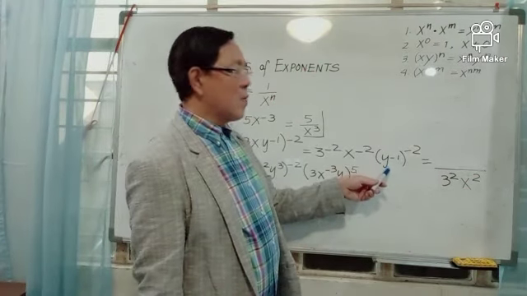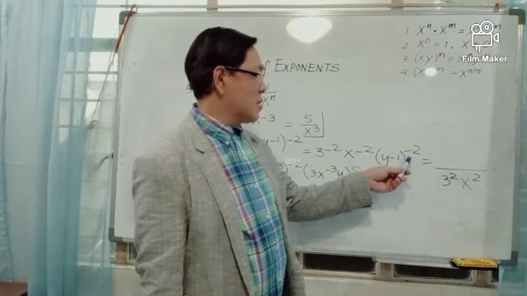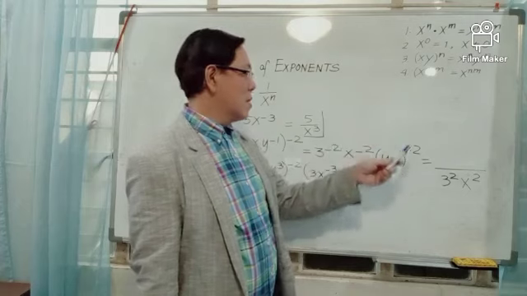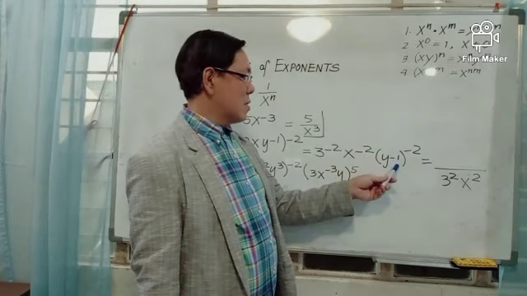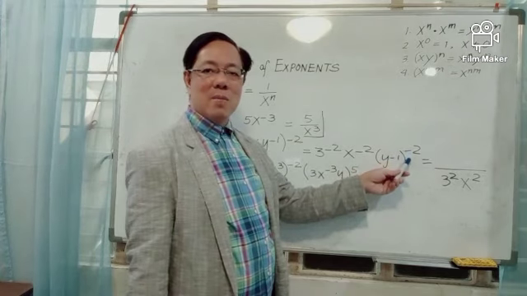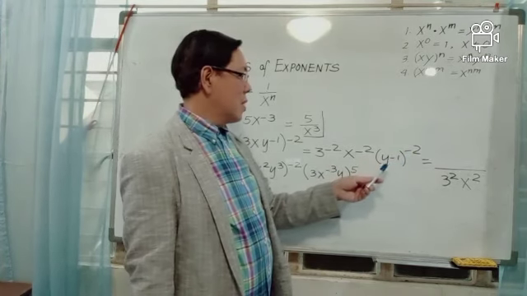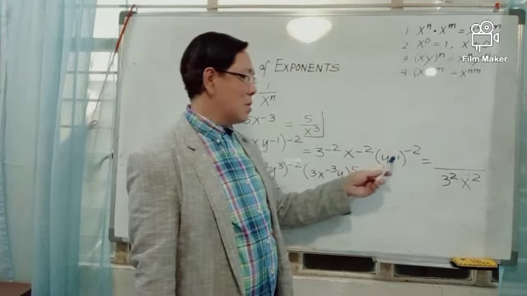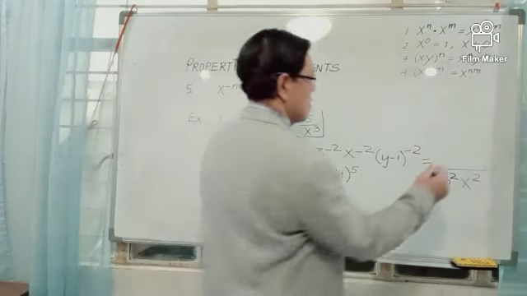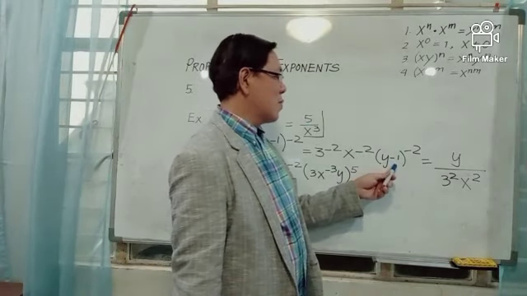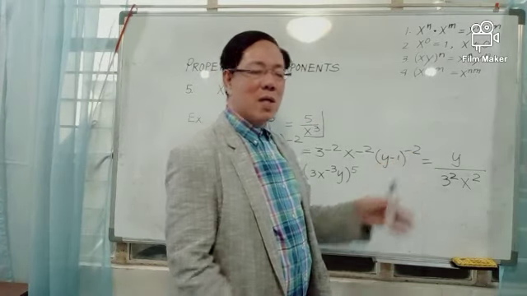And we simplify y to the negative 1 raised to negative 2 by applying the fourth property of exponent. Multiply the exponents. You have negative 1 multiplied by negative 2 is positive 2. Hence, y to the negative 1 raised to negative 2 is y to the power negative 1 multiplied by negative 2, which is 2.